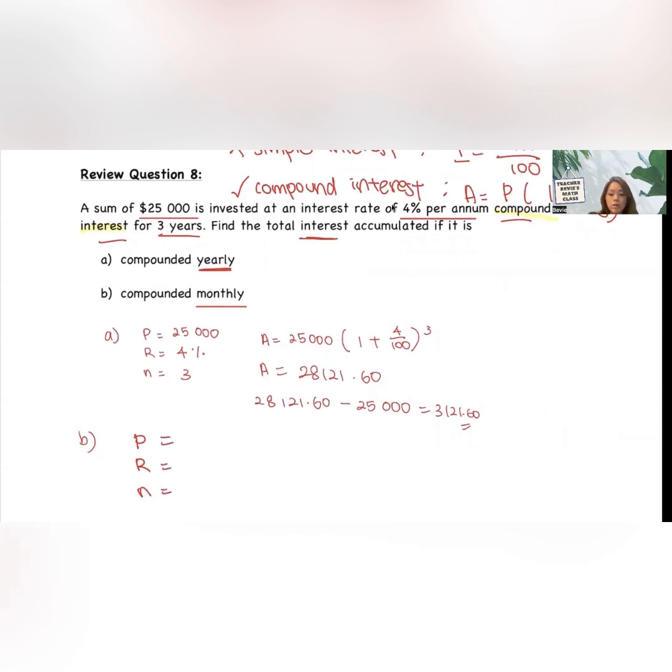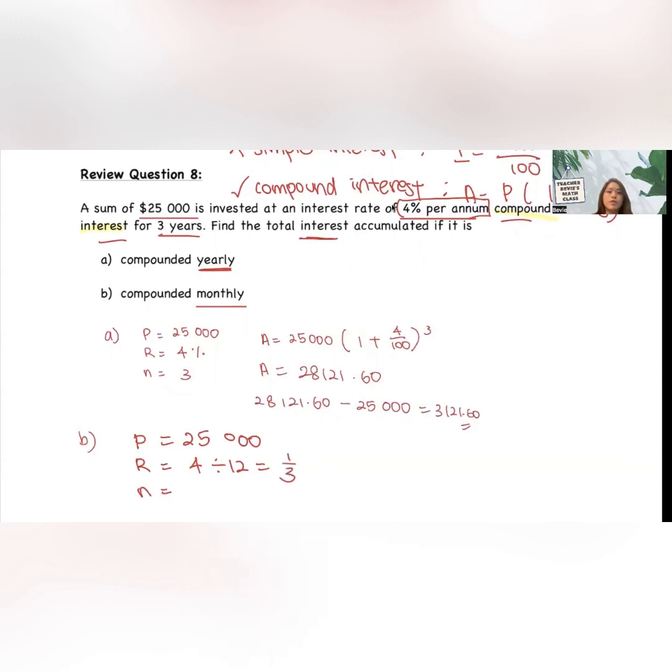So this time around, the principal is still the same, $25,000. Interest rate, because this 4% is per annum, it's being calculated per year. But for monthly, I need to take 4 divided by 12, because in 1 year, there are 12 months. So the interest rate per month is 4 over 12, which I simplify to become 1 over 3.